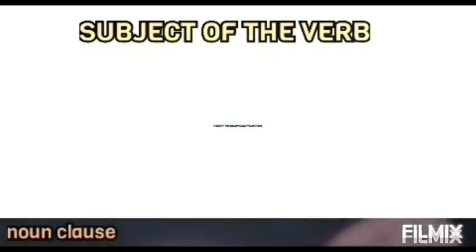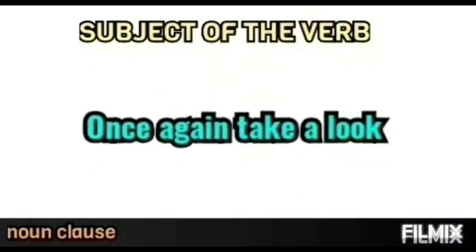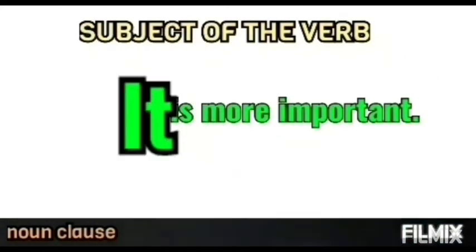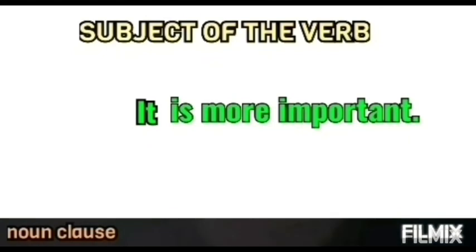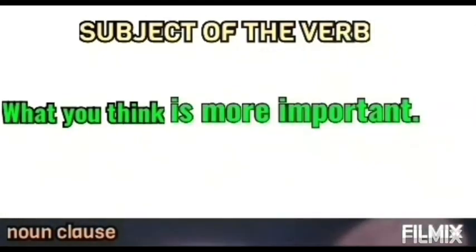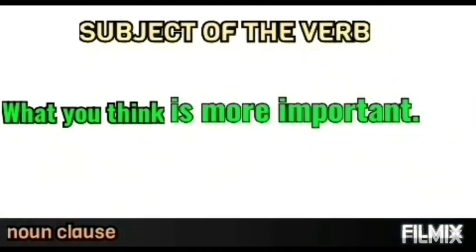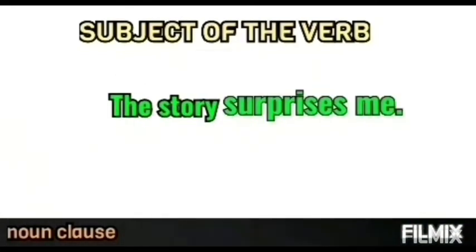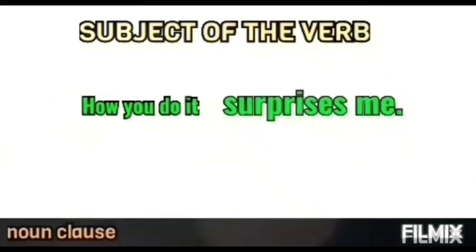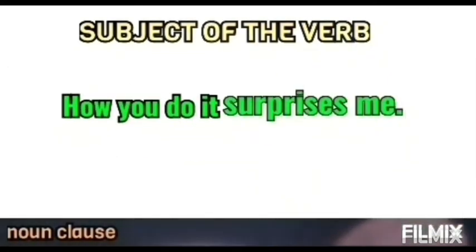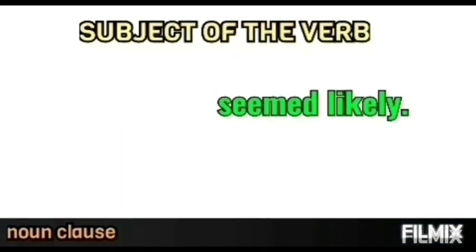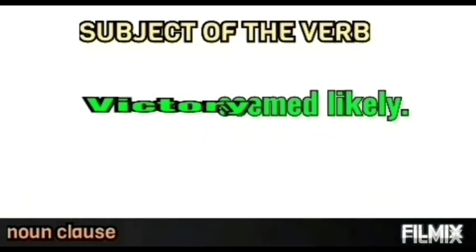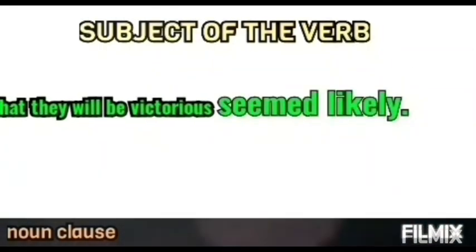Okay. So now take a look at these sentences one by one. When I say it is more important, this it can be replaced by a sentence, for example, what do you think is more important, right? The second sentence, the story surprises me. I can say how you do it surprises me. When I say victory seemed likely, we can say that they will be victorious seemed likely.